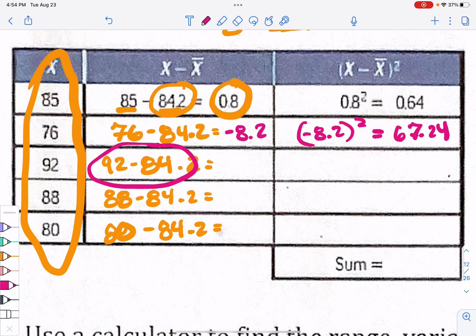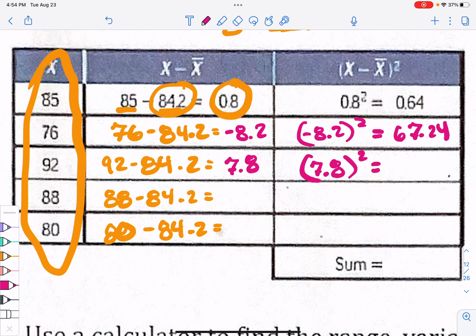I'm going to do the same thing. I'm going to do 92 minus 84.2, and that is 7.8, and if I square that, I get 7.8 squared. This is kind of a tedious process. That's why it's kind of a pain. That's not right.